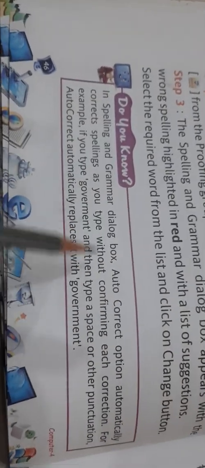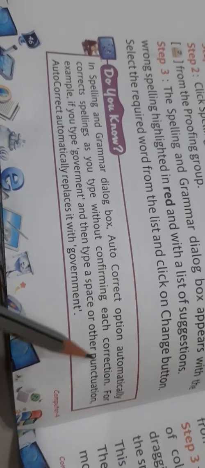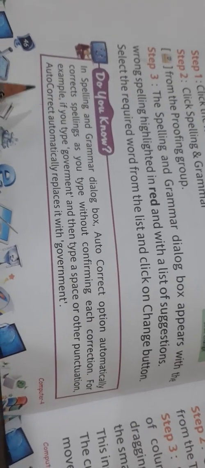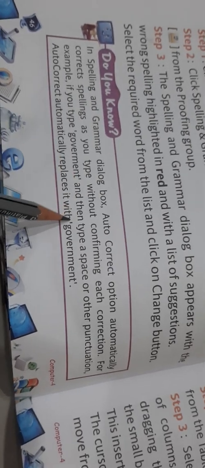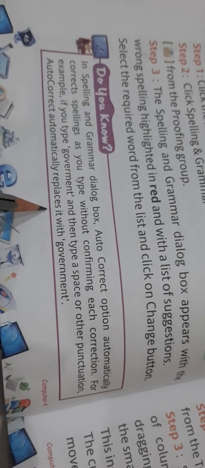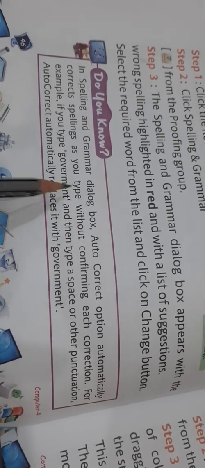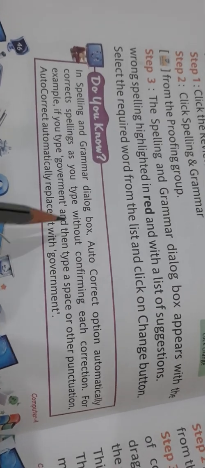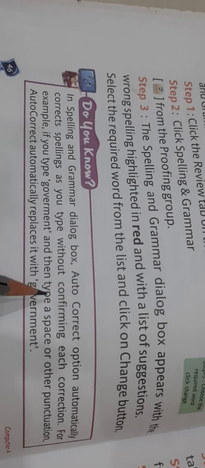It will not confirm from you also. For example, if you type governments with the n missing, and then type a space or other punctuation, autocorrect automatically replaces it with the correct spelling, government. So this option is also there, and if you want, you can use it.